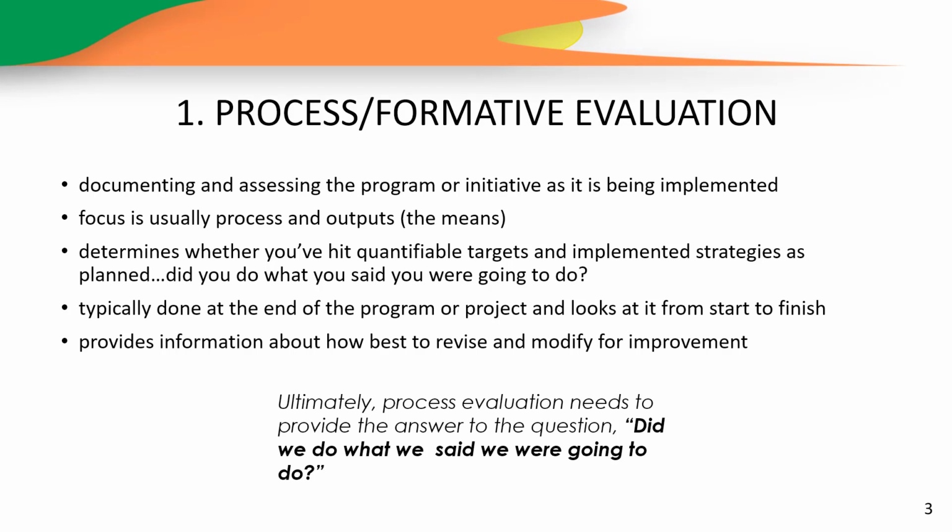And you typically do this at the end of the program or the project, but you do look at the entirety of the program or the initiative. And this really gives you the information that you need for how best to revise and modify for improvement as you move forward.